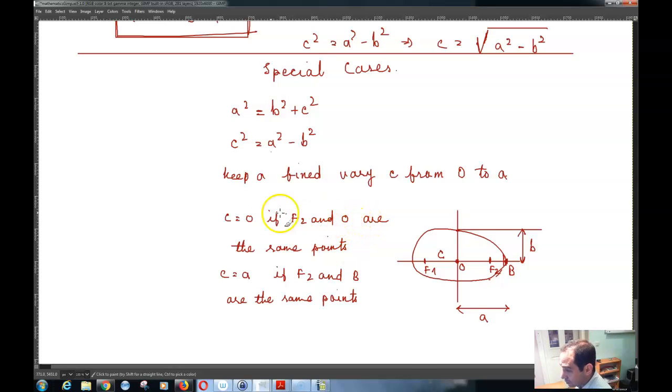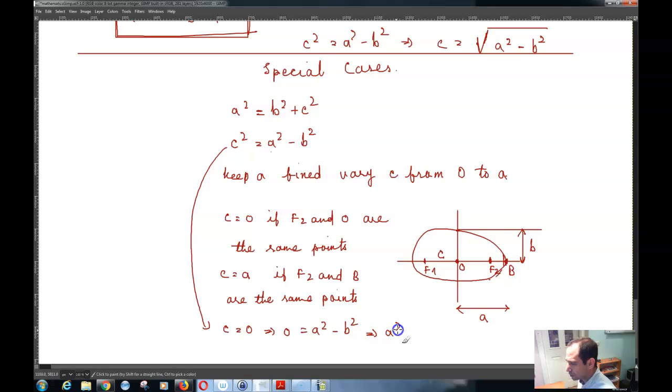So if your c is equal to 0, that means that this point f2 comes over here and becomes one with O, and this point comes over here and becomes one with O. So in this equation, if c is equal to 0, then 0 is equal to a squared minus b squared.